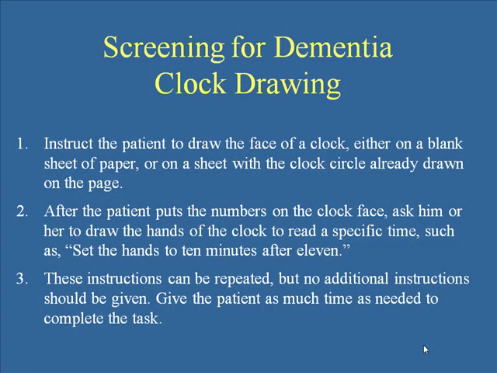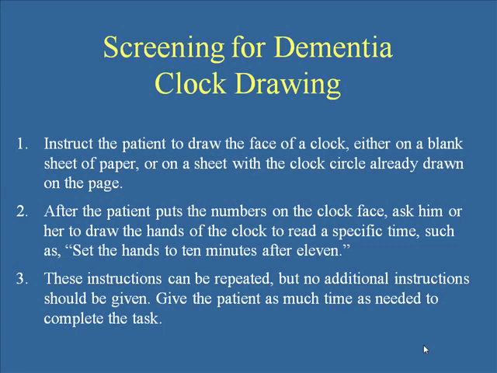And this particular slide that I have here in front of me has the instructions for the clock drawing test. Now, there are different ways to do this, and you'll see that in this particular description, the first instruction calls for one of two strategies. You can either have the patient draw the face of the clock on a blank sheet of paper, or you can use the strategy which has a standardized clock circle already drawn on the page, and ask the patient to draw the face of a clock into the circle that you provide to them.